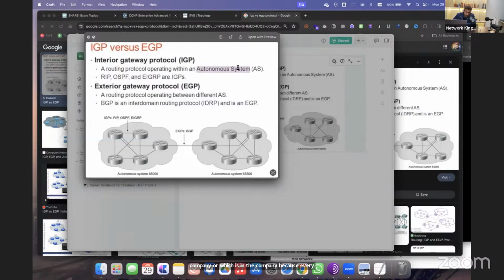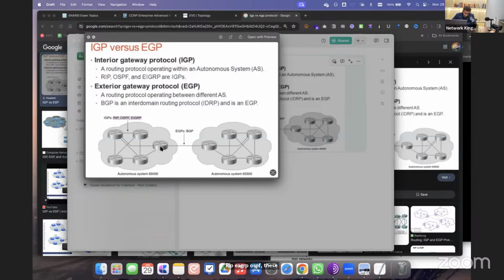In BGP, I'll explain very well what the AS number is and all. But right now you can consider that every big company has a number called an AS number, and this AS number means one company. So inside the company, when you run any protocol, that is RIP, EIGRP, OSPF, these are protocols.